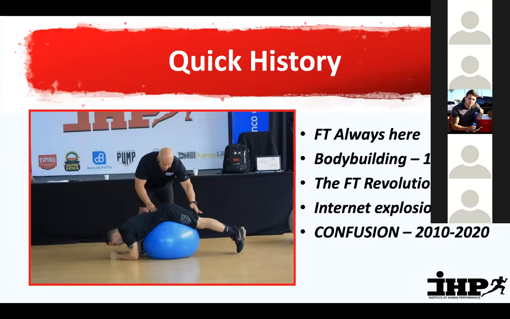Then the functional revolution occurs in the 90s with Gary Gray and Vern Gambetta, and off we go to the races. Every popular magazine used the word function. In the 2000s, internet explodes, obviously, and then boom, everybody's doing functional training. And if you want to see the ultimate in confusion, all you have to do is go to Instagram, YouTube, and Facebook and have a big bag of popcorn, and there is your Friday night movies.